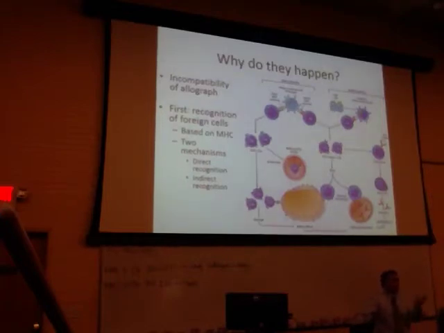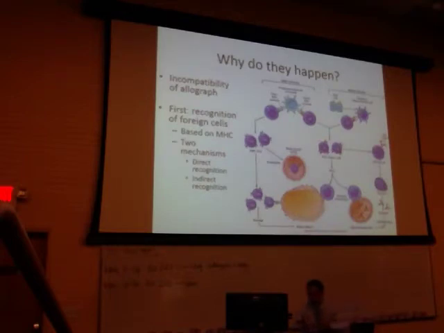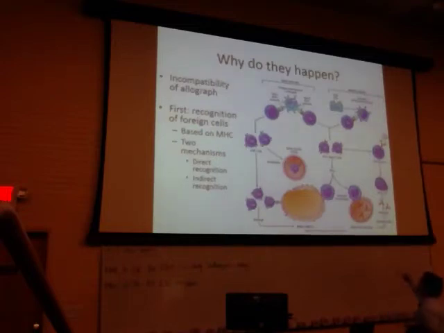Okay, so we have mechanisms to try to trick the body into allowing it to stay. But you have to know at least some of the pathways in order to be able to trick it. So there's two main pathways. There's a direct pathway, which happens to be the main one, and then there's an indirect pathway. In the direct pathway, which is the main pathway that we tend to really focus on with our pharmaceutical therapies, the direct pathway obviously is a little bit more direct in the sense, and that's why it's named that way.